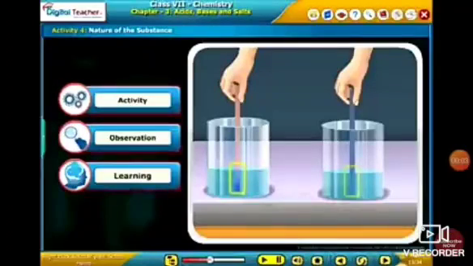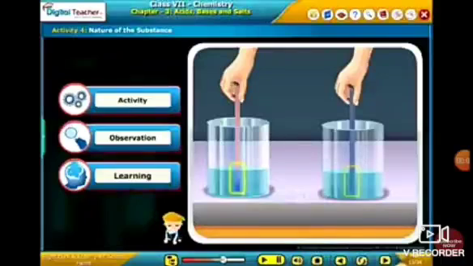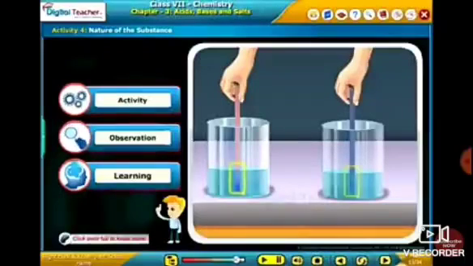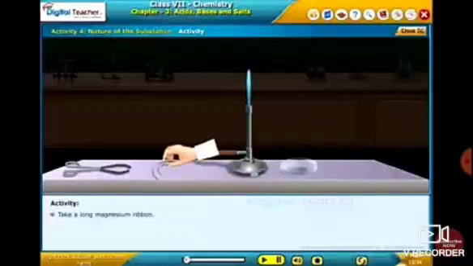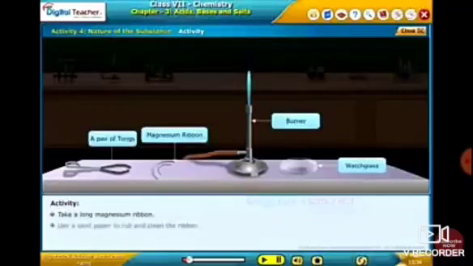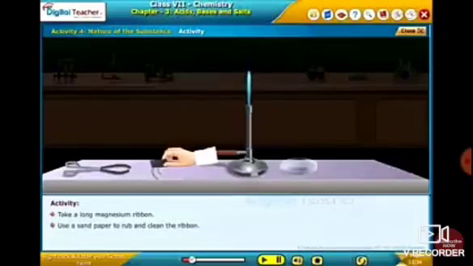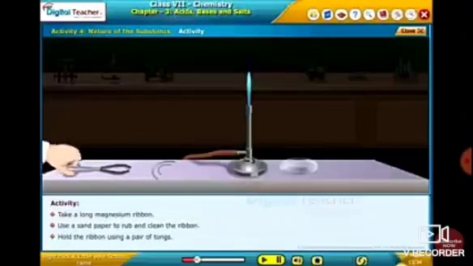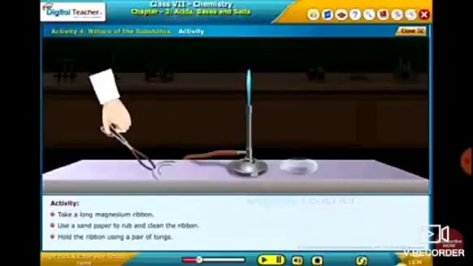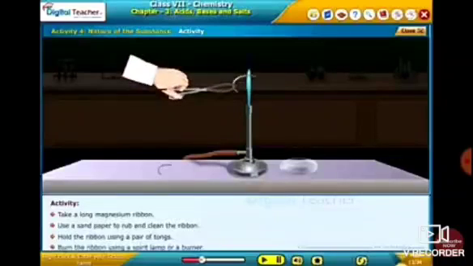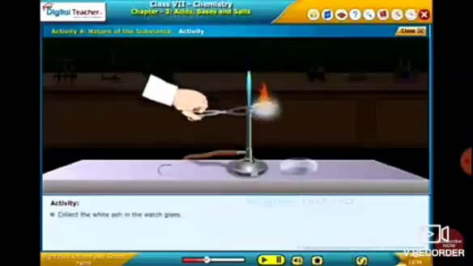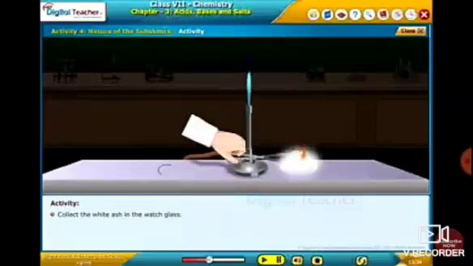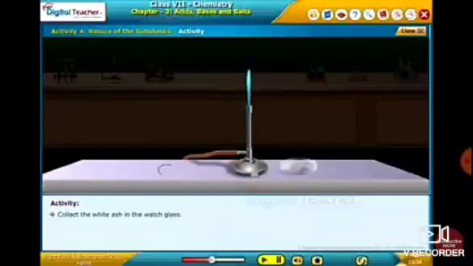Let us perform an activity. Take a long magnesium ribbon. Use a sandpaper to rub and clean the ribbon. Hold the ribbon using a pair of tongs. Burn the ribbon using a spirit lamp or a burner. Collect the white ash in the watch glass.